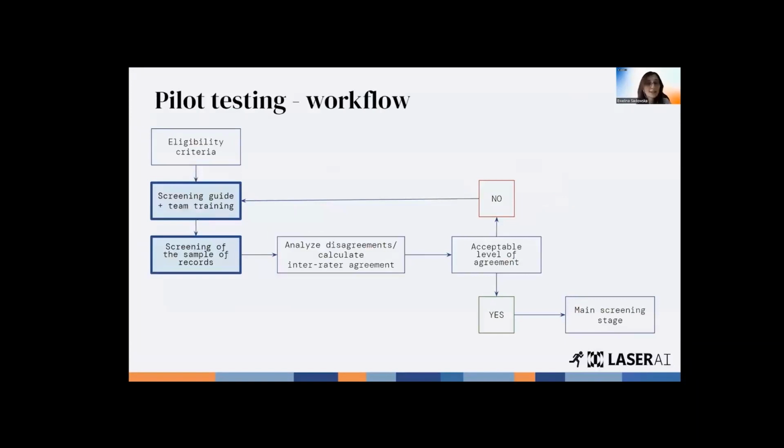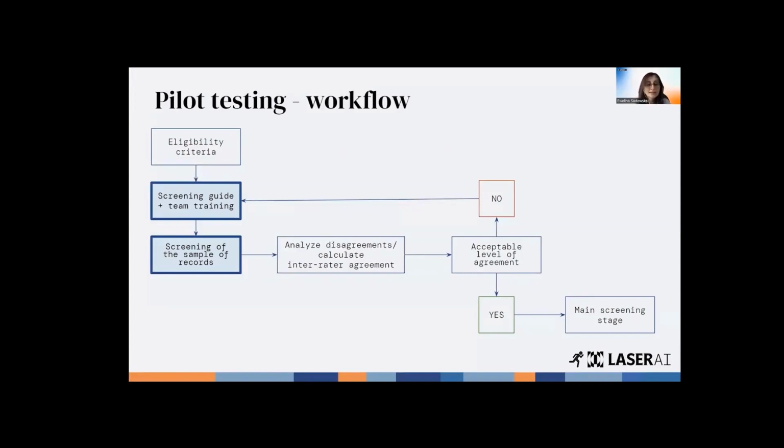As you can see here, pilot testing is a quite multi-stage process. We have to start by training our team in terms of used tools and the screening guide. Then we can start our calibration exercise on the chosen sample of records. Each study should be assessed by all the reviewers who will be conducting the screening process.